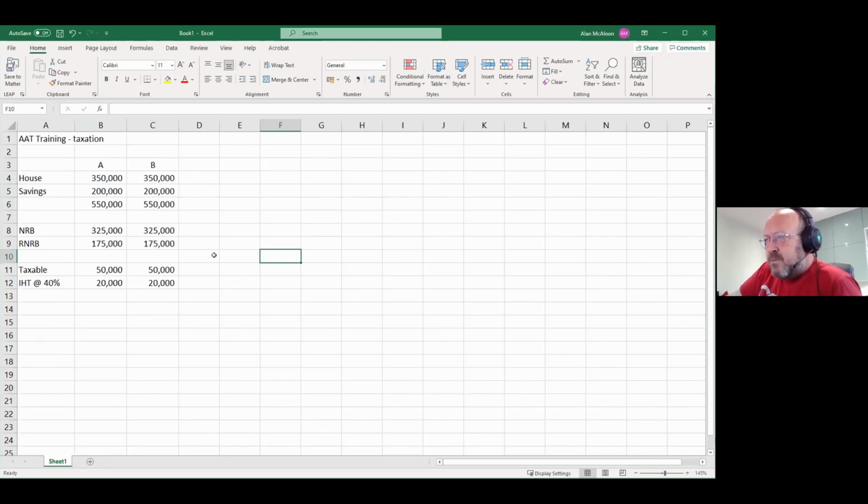Now, the reason our trust is done the way it is because we stick very closely to HMRC's interpretation of what makes the residence nil rate band available. And according to HMRC's interpretation, the death of the proprietor has to cause the asset to vest in appropriate beneficiaries, i.e. descendants.